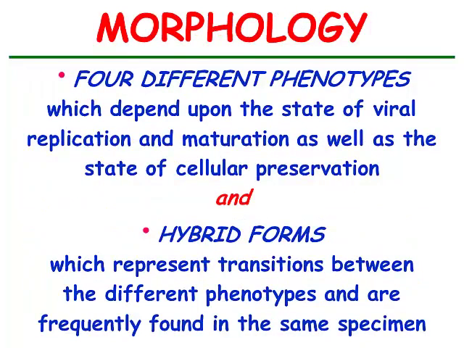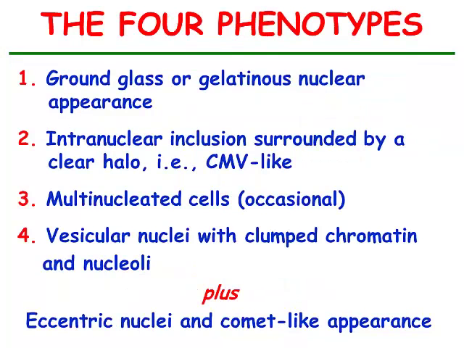What is the morphology of these cells? There are 4 different phenotypes, which depend upon the state of viral replication and maturation, as well as the state of cellular preservation, and hybrid forms, which mean transition morphological forms between the different phenotypes and are frequently found in the urine sediment.